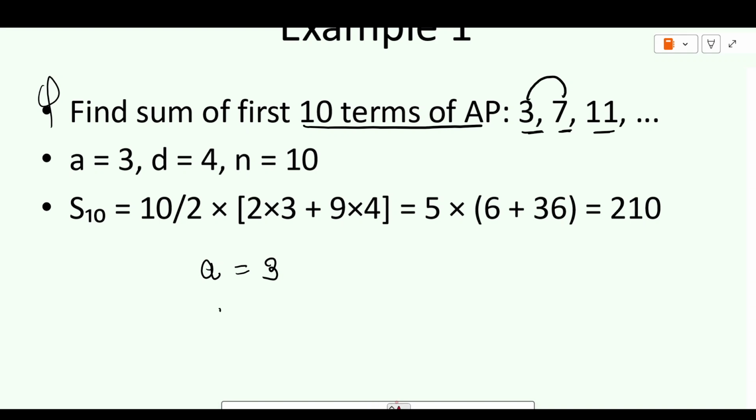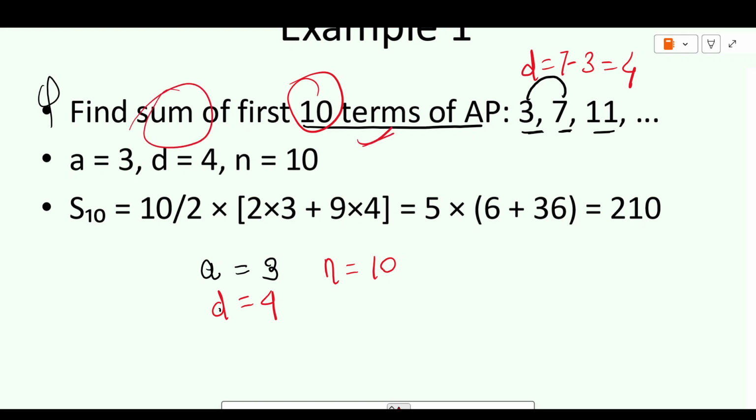The common difference is 7 minus 3, that is 4. And what is n? We have to find the sum of the first 10 terms, so n is 10.